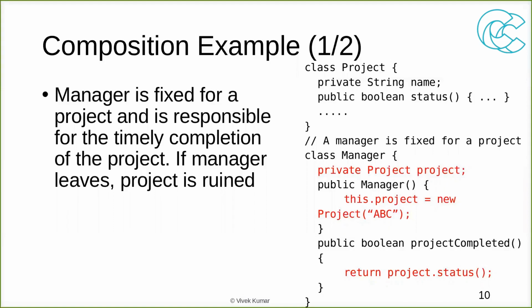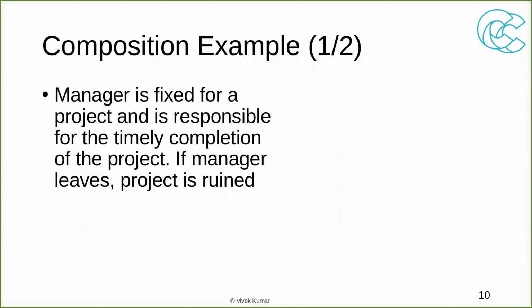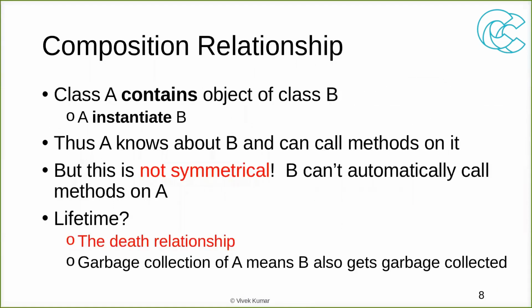That is what we talked about here. If the manager ceases to exist, then automatically the project also dies, right? That's what even this sentence means. If the object of A gets garbage collected, then B automatically gets garbage collected.